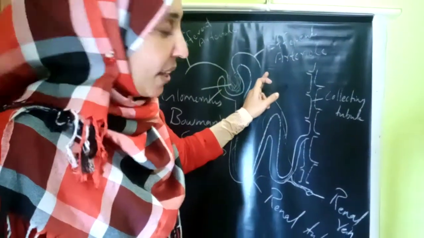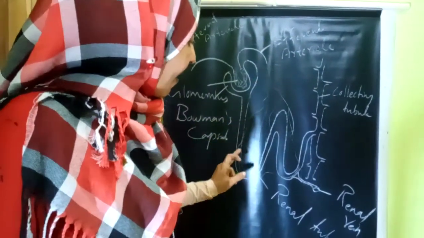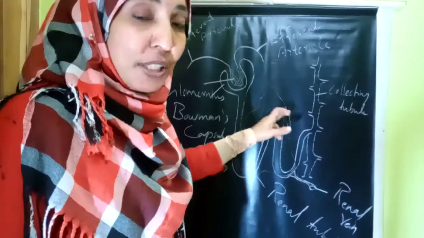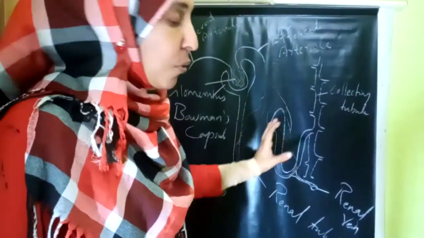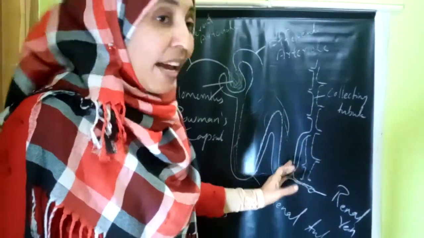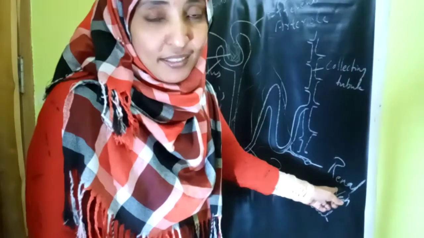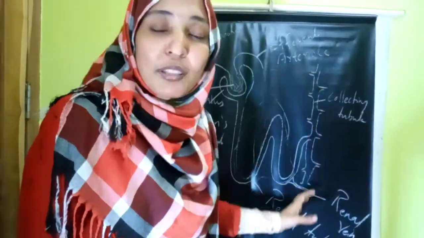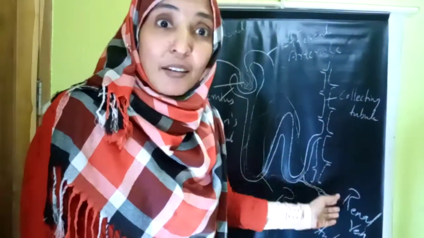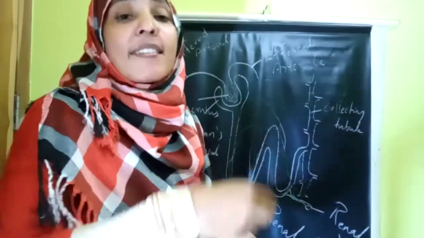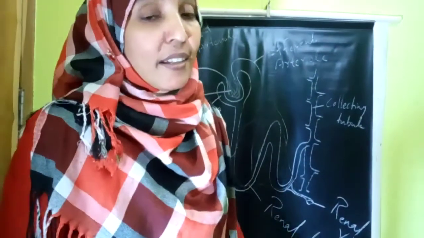The efferent arteriole again divides and coils around the tubular part of the nephron and again reunites and forms a branch of the renal vein. Like this, from all the nephrons renal veins are forming. All these renal veins reunite and take the blood out from the kidney.